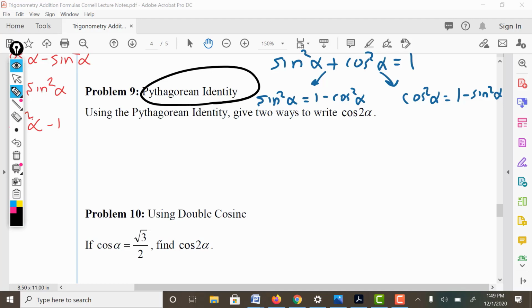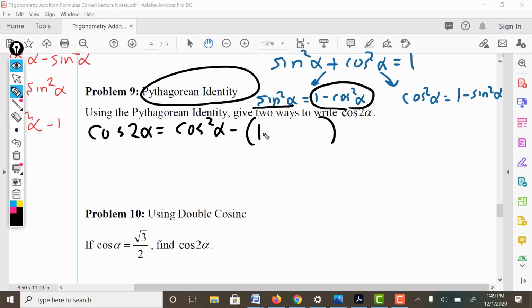So if I take, for example, the original one, cosine 2 alpha is cosine squared alpha minus sine squared alpha, right? What we just found in problem 8. And instead, we replaced, let's say, sine squared. Sine squared is 1 minus cosine squared. We get cosine squared alpha minus 1 plus cosine squared alpha, right?